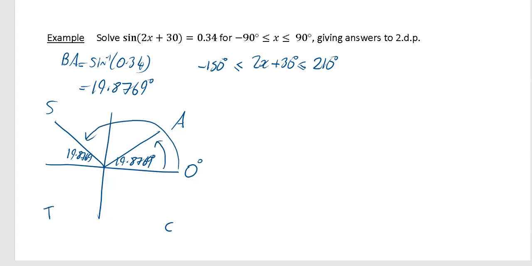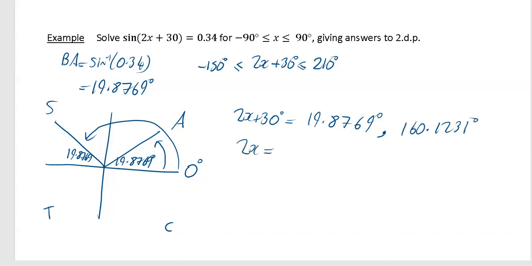So my 2 angles, remember it's 2x plus 30 is going to be equal to 19.8769 degrees, and take 19.8769 away from 180, you're going to get 160.1231 degrees.